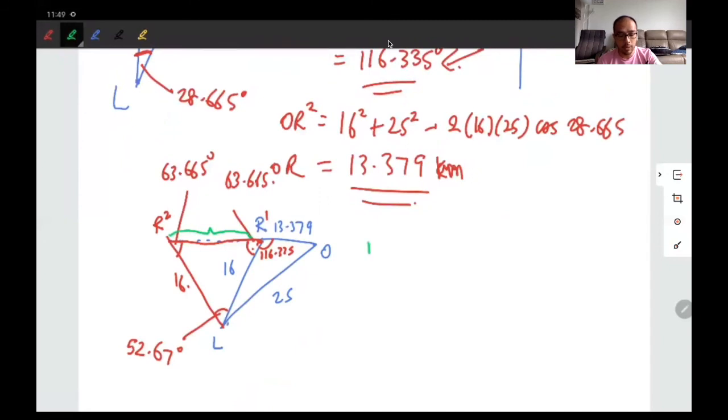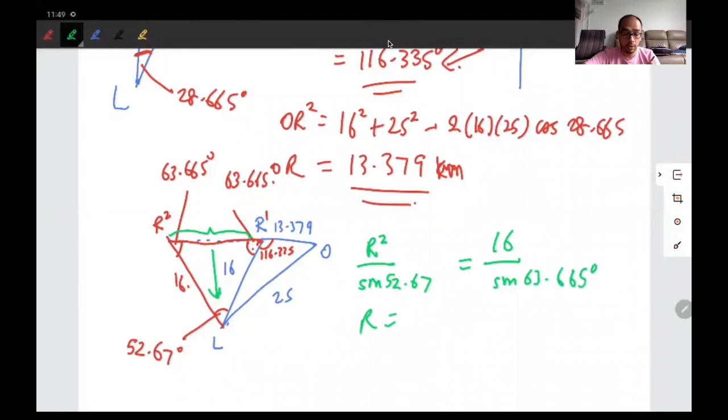So R2 over sine 52.67 equals 16 over sine 63.665. I will get R2 equals 14.1983 kilometers, about.